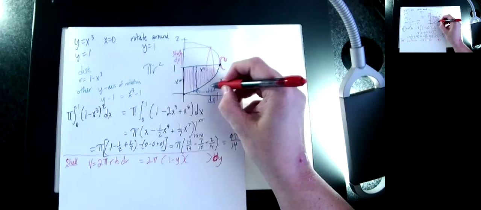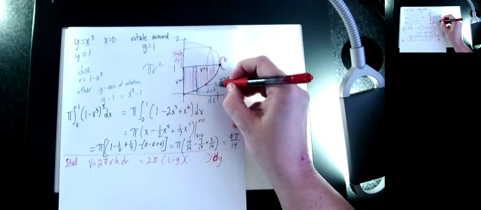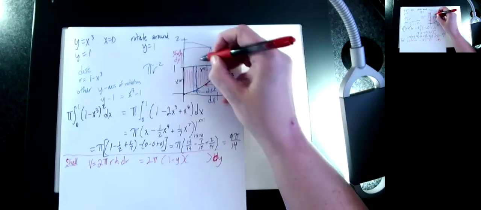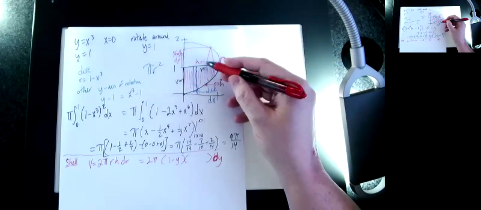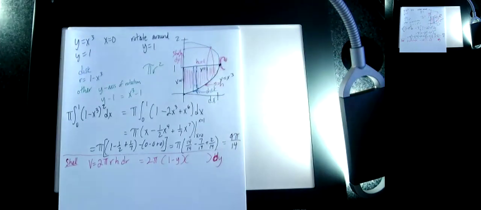This has a value of Y right here, and this has a height of 1 right here. So subtracting them, I get 1 minus Y. Does that make sense?